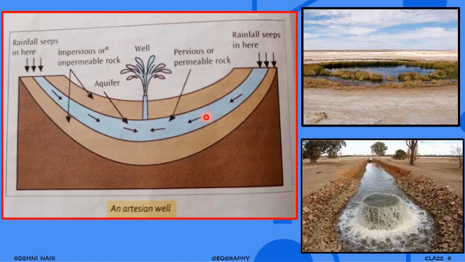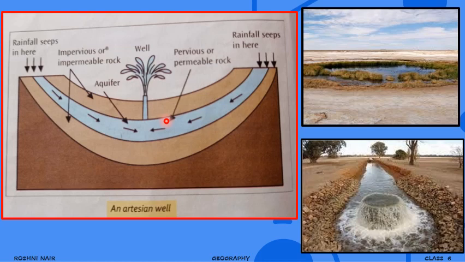in the pervious layer, which becomes an aquifer. So this rainwater only becomes aquifer. A layer of rock capable of holding water and allowing it to pass through is known as an aquifer. It will hold water for some time and it will also allow the water to pass through it.